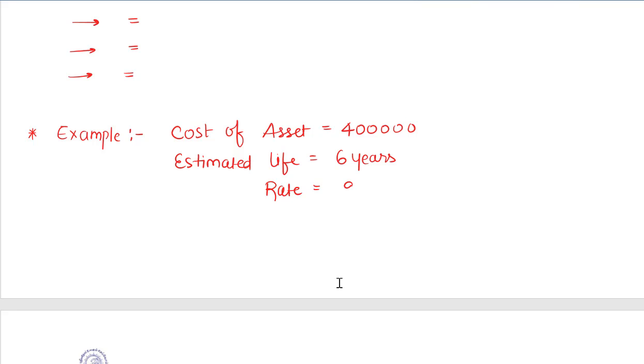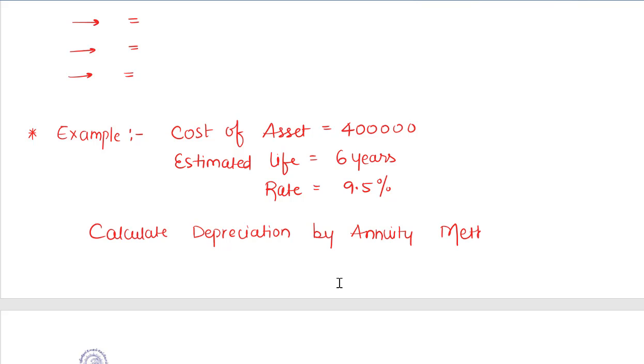Rate is given, which is 9.5%. Calculate depreciation by annuity method.